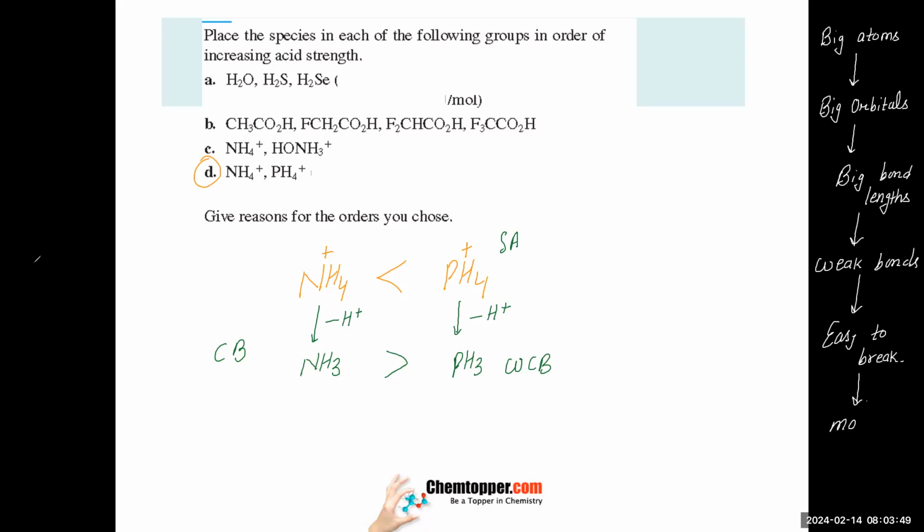You can write here: H plus comes out easily, and easily means more acidic. Write it like this. More acidic. And this trend we are going to think about and discuss only down the group.